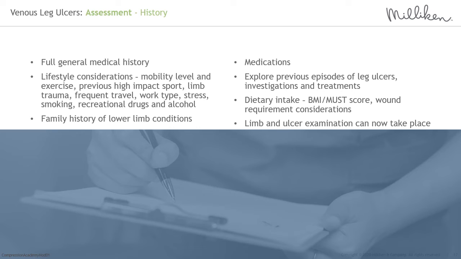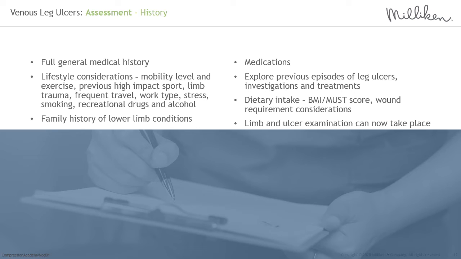Lifestyle considerations including activity level, high impact activities, work role, and if standing or driving for long periods of time, frequent flying, stress, smoking, recreational drugs or alcohol, which are all known to predispose leg ulcers and delay wound healing.